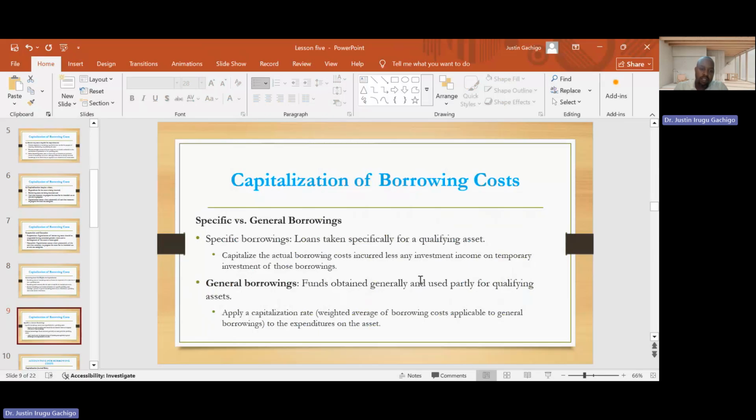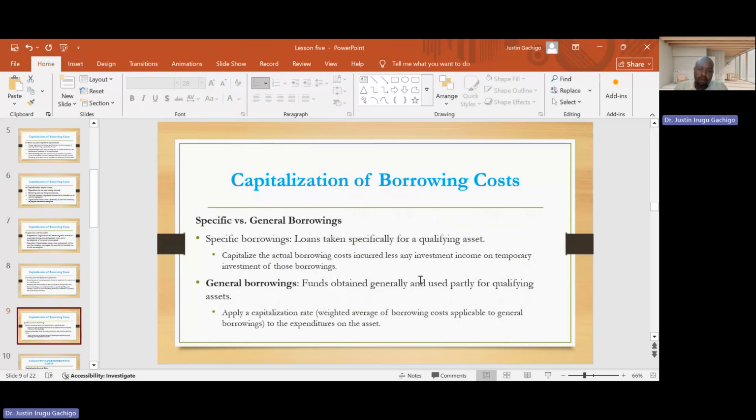Then there's a concept whereby you may take this loan for the construction of the manufacturing plant, but let's say, for example, you took 10 million, but in the middle, you take 2 million and invest it in a certain fund for you to gain some investment income. If that happens, that investment income, you are going to deduct it from capitalization.